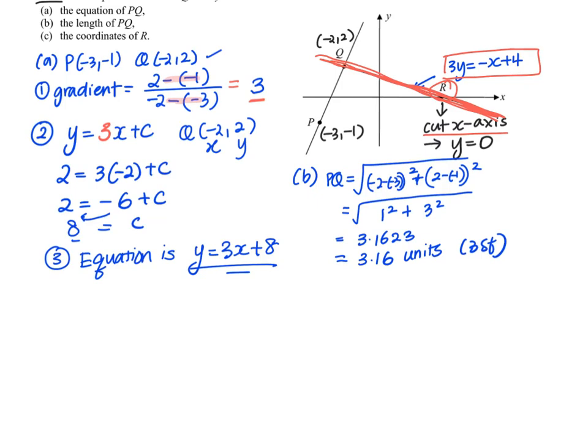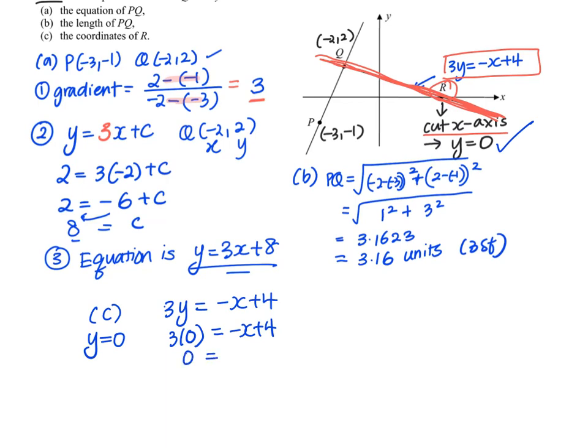So we are going to use this equation for part C. The equation is 3y equals -x plus 4. If I were to cut the x-axis, the y value is equal to 0. So y is equal to 0. So 3 times 0 equals -x plus 4. Our objective is to find the x value.